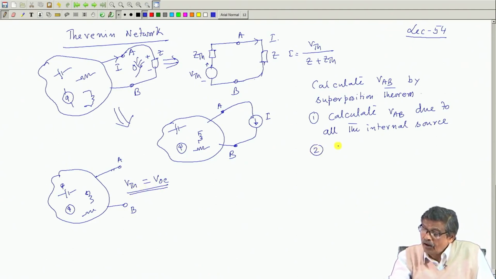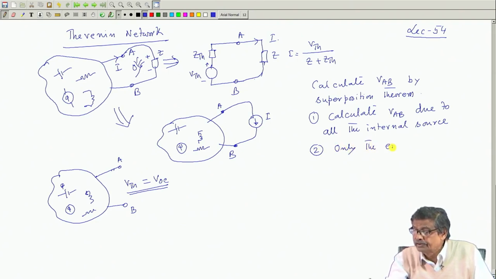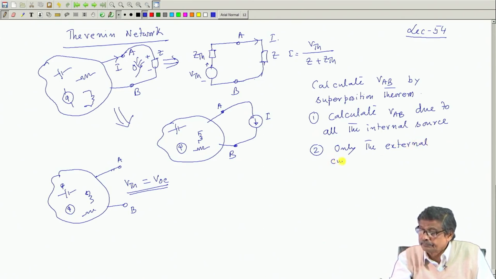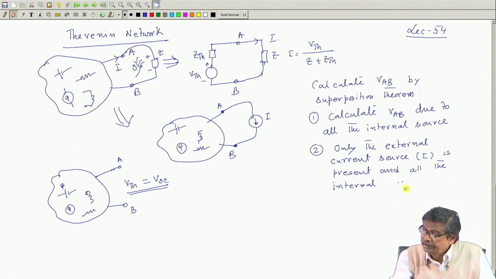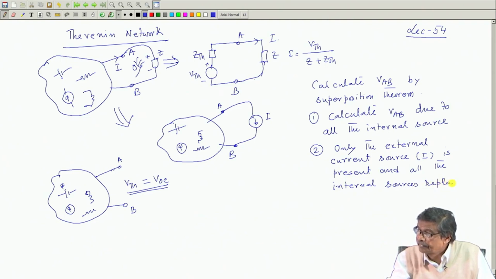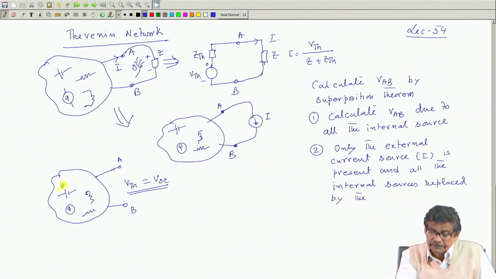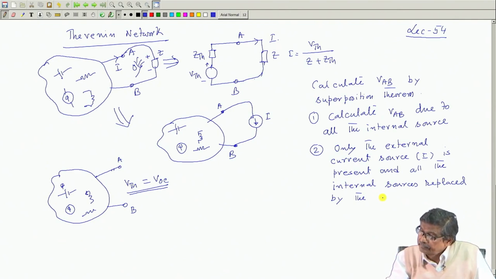Then the second step is only the external current source, that is I, is present, and all the internal sources are replaced by their internal impedances.